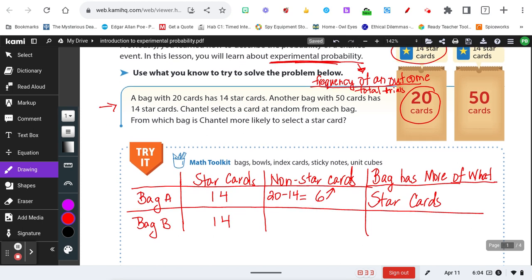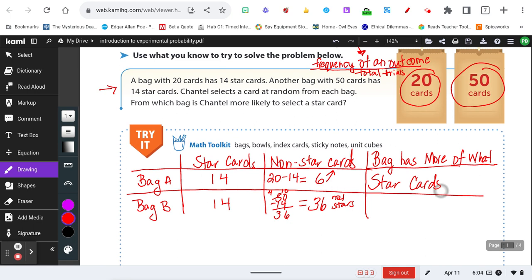So how many non-star cards do they have? Because they have 50 cards in their bag. So what is 50 minus 14? That's 36. So 36 of their cards are not stars. They have 36 cards that are not stars and 14 that are. Bag B has more non-star cards.